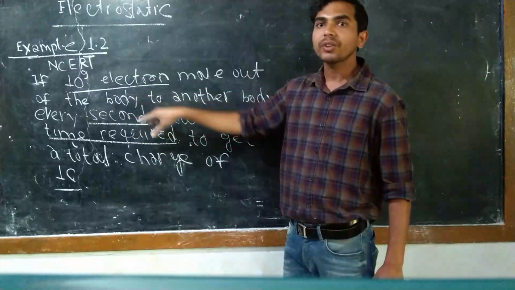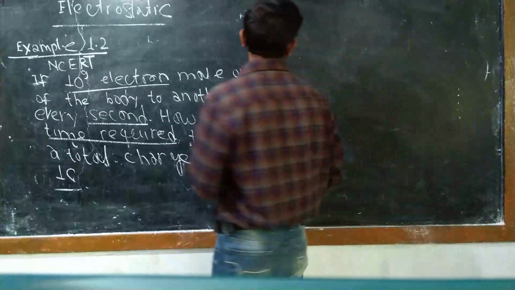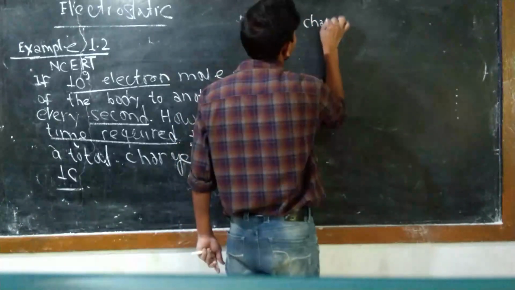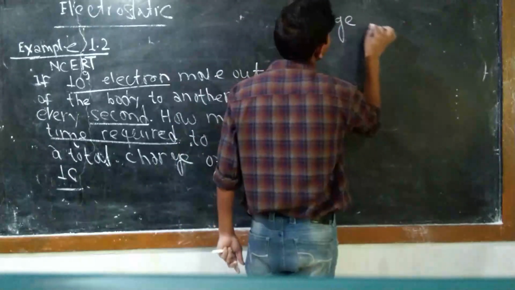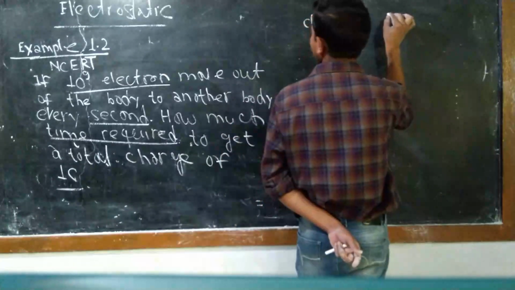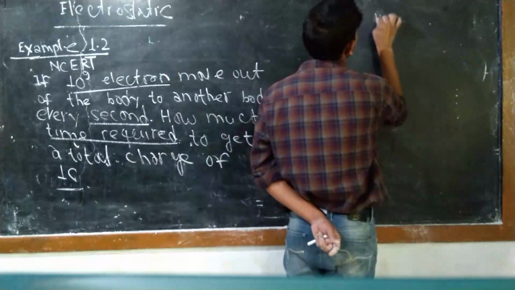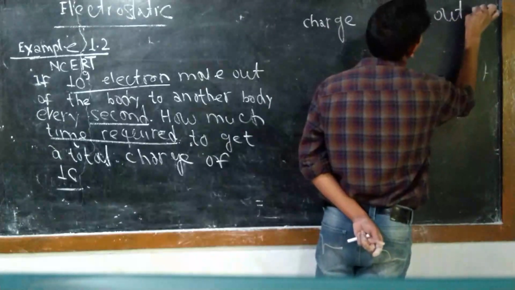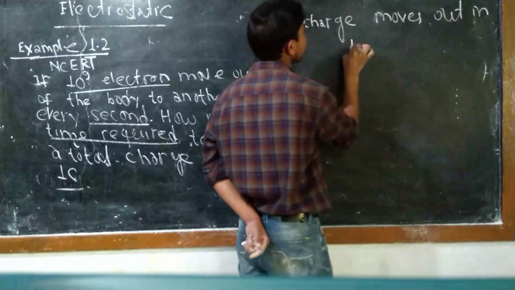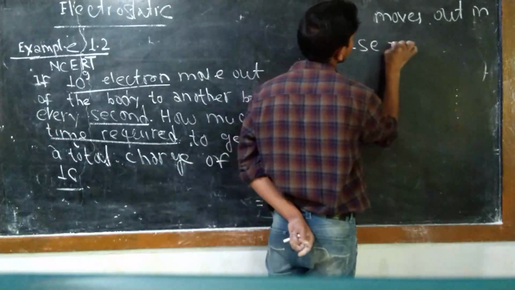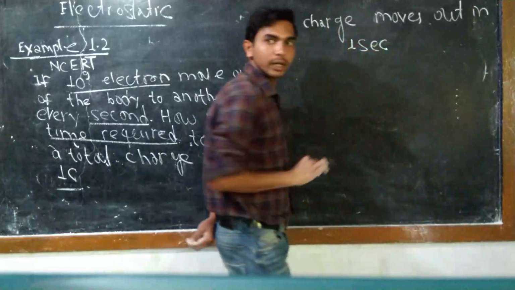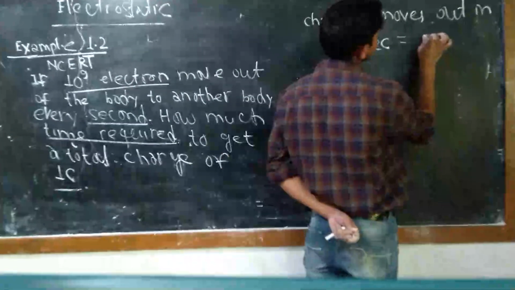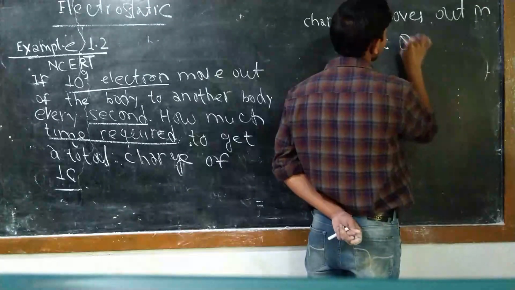So we can write here: charge moves out in 1 second is equal to Q.